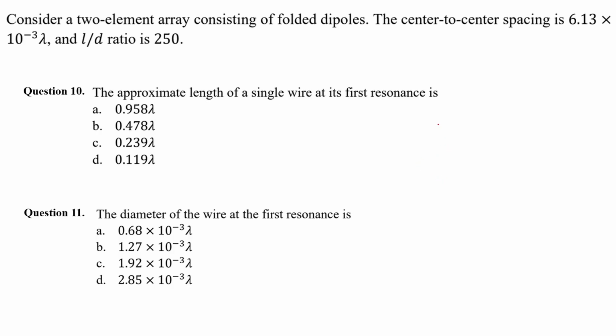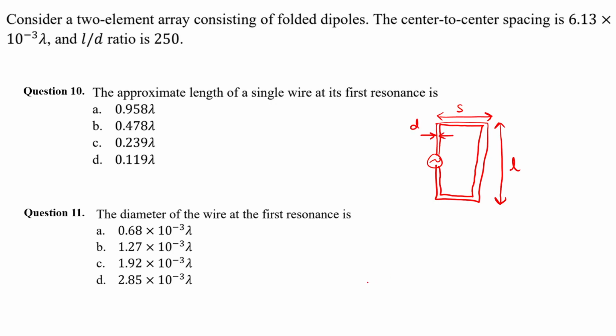So what it means here is, if we have a folded dipole, this is the length, and this is the spacing S, the center to center spacing, and then this is the diameter D. So in the problem, L by D is given as 250, and the spacing S is given as 6.13 into 10 to the power minus 3 times lambda.